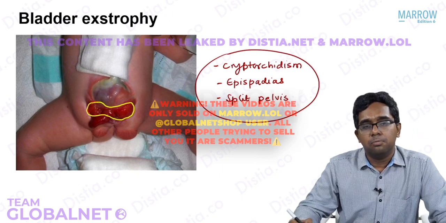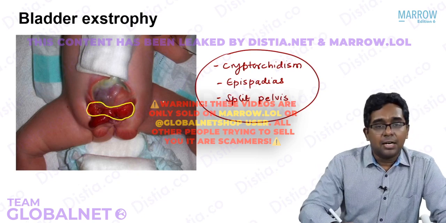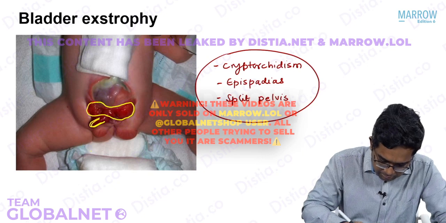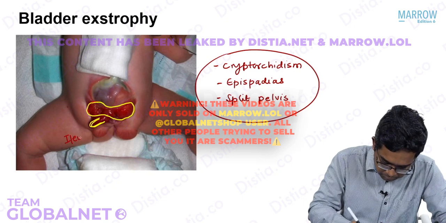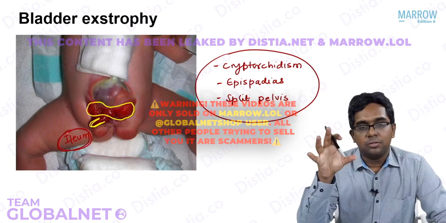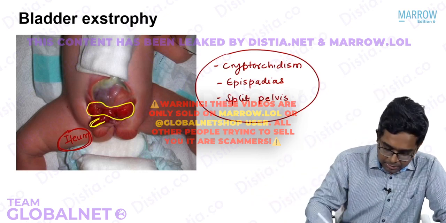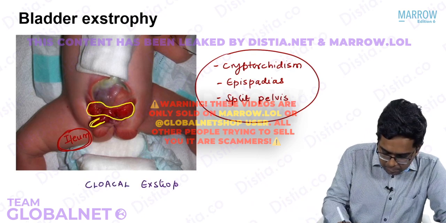In severe cases of bladder extrophy, in addition to the bladder, other structures like this structure, what is this? That is the ileum, is also getting exposed outside. This combination of ileum getting exposed outside along with the bladder is a severe form called cloacal extrophy.